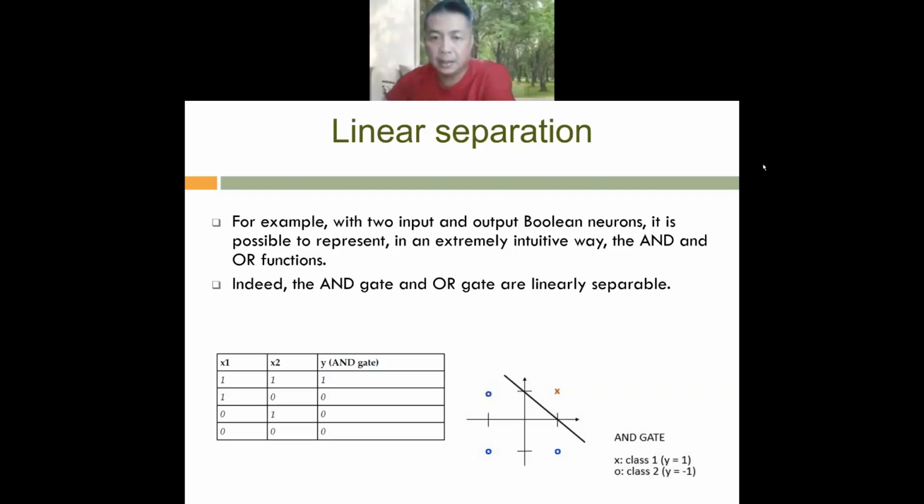This is for the AND gate. For the OR gate, we can also separate them. For the XOR gate, we need two lines, two models to classify them. So this is not linearly separable.